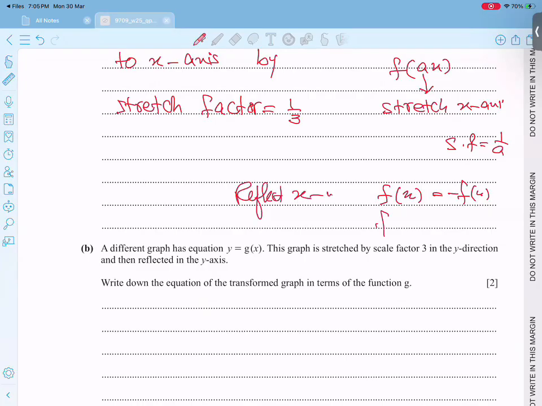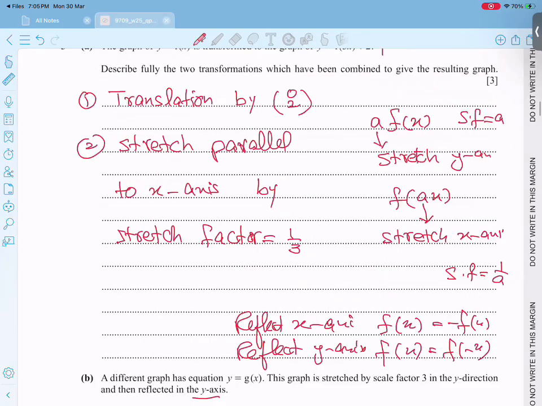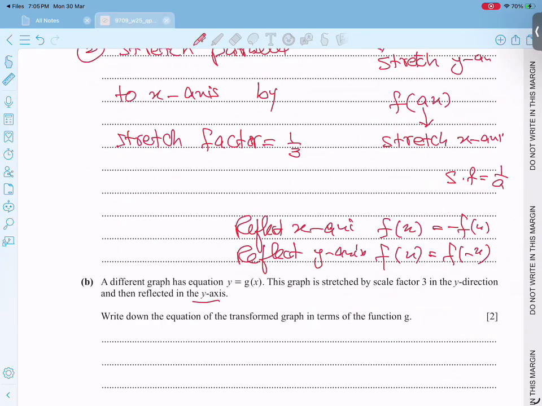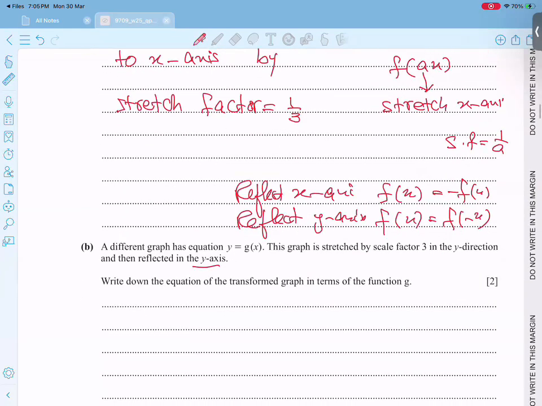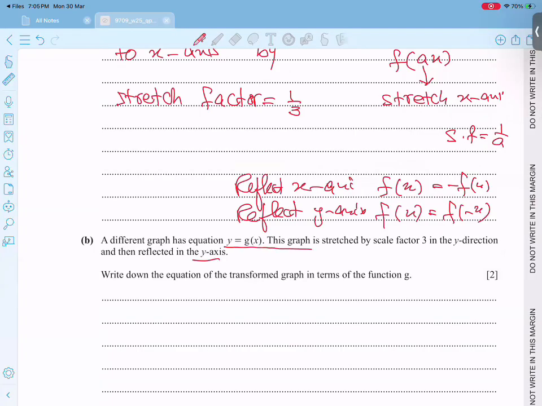But if you replace every x by minus x, this is called reflection in the y-axis. I hope the idea is clear. And he's saying about the y-axis. So we have to write the different graph. Let's see how we can do this one.